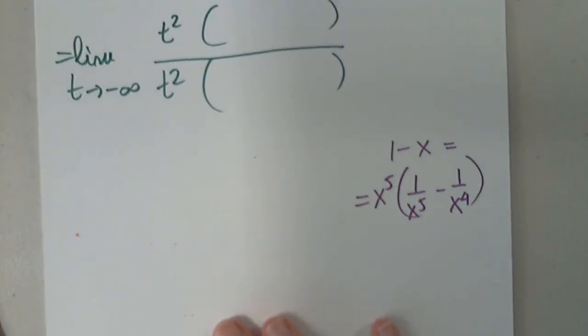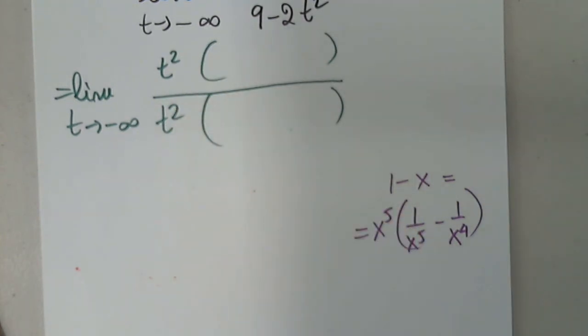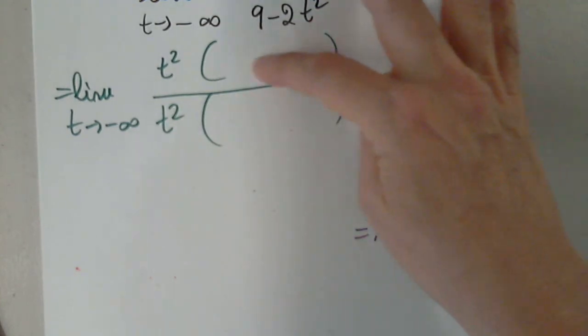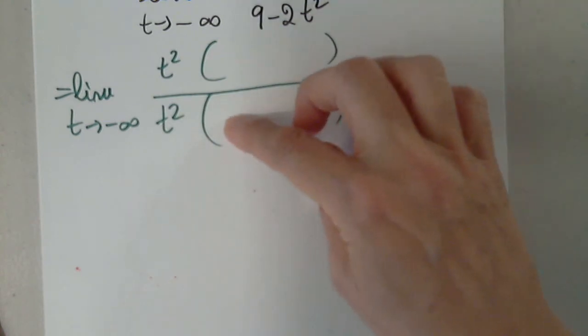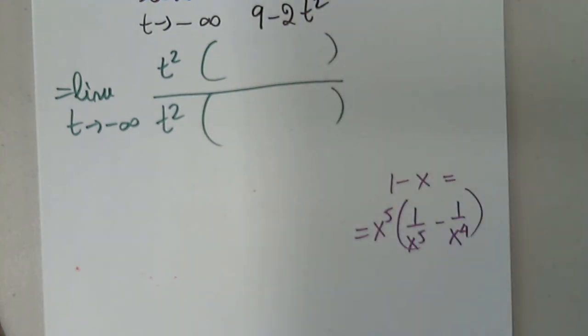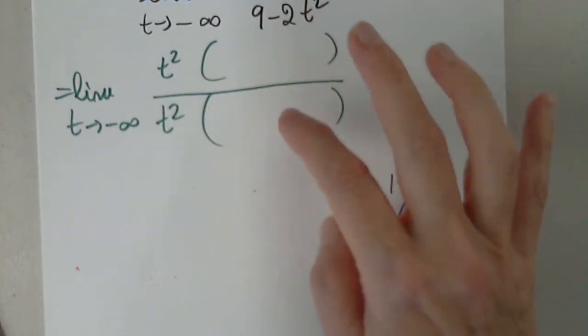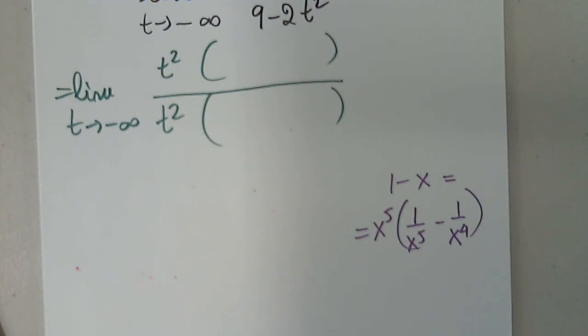So the same thing in our problem. I have to factor out the degree, which is squared, or t squared in other words. And as long as I come up with 3 terms that match, and 2 terms that match, 9 minus 2t squared. So what do we have? I need 3 terms here and 2 terms here.